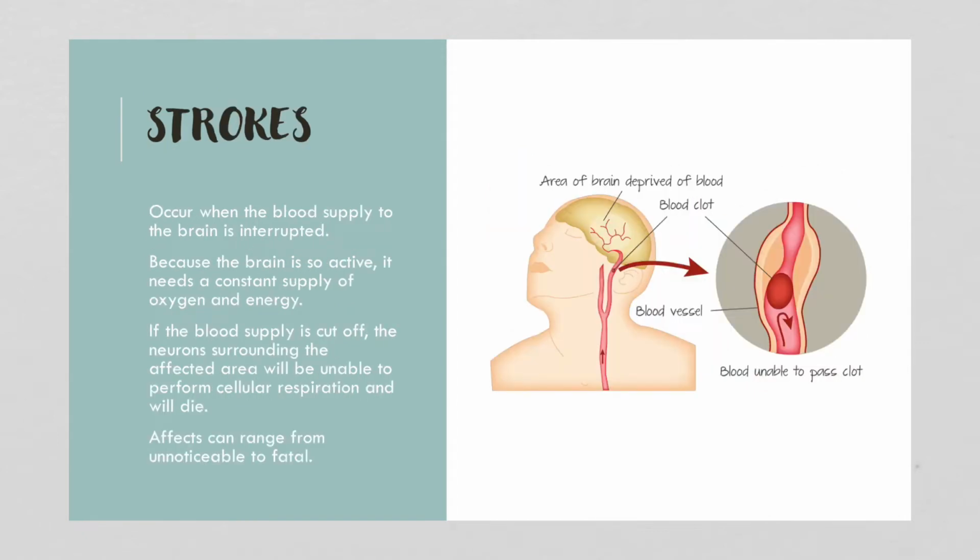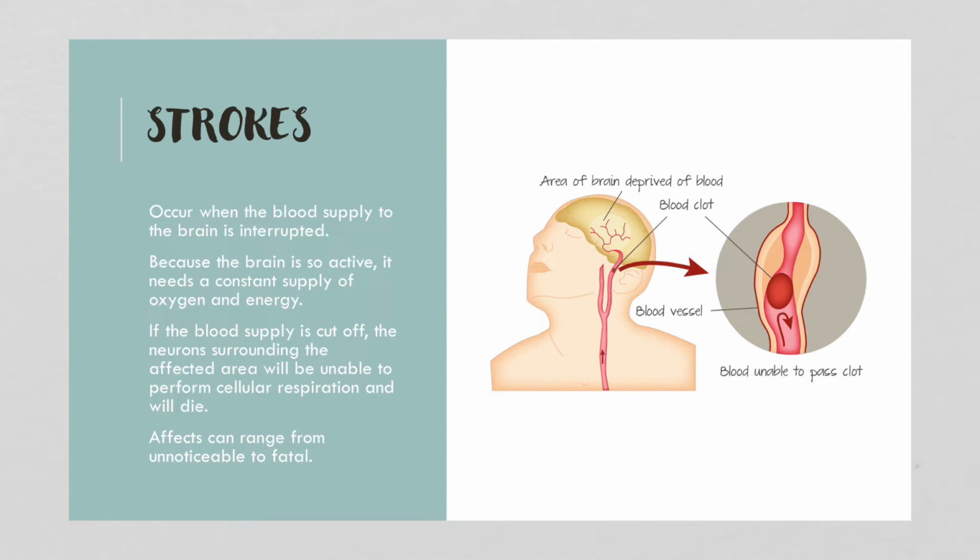Another thing you need to be able to discuss is the effect of strokes, and how they're caused. So a stroke happens when the blood supply to the brain is interrupted. And because the brain's so active, it needs a constant supply of oxygen and energy. So if it's not getting that, that's a problem.